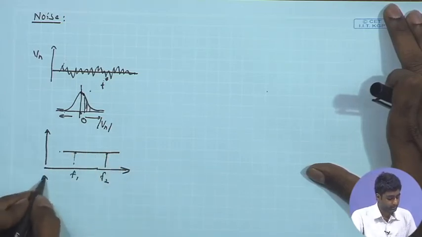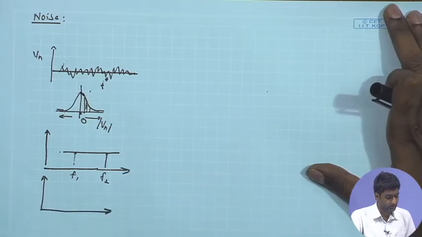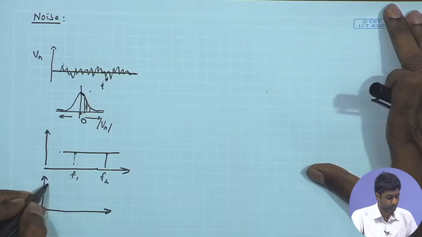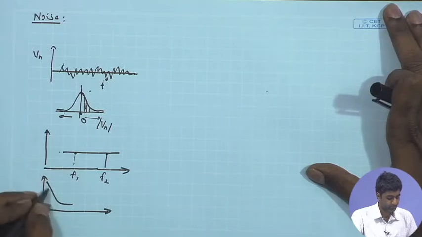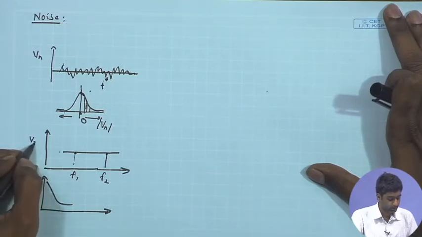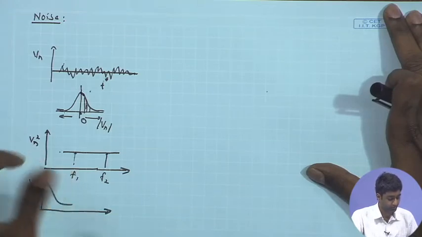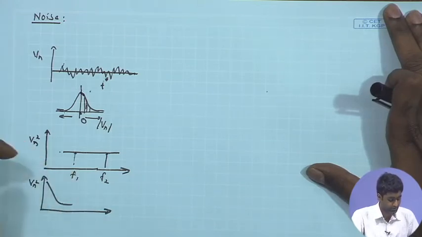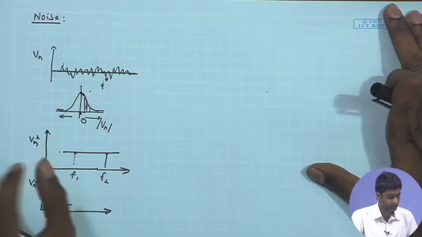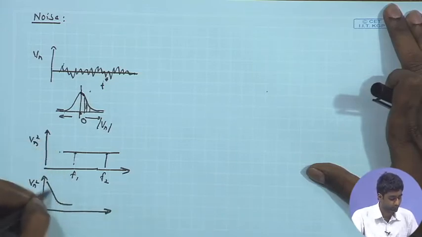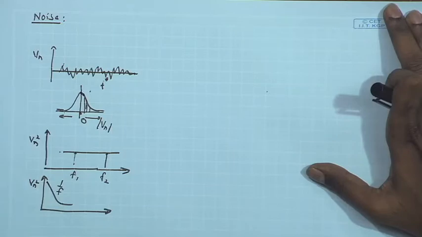The other dominant or bothersome noise component in our circuit, which comes from MOSFETs, is 1 upon f noise, where the noise spectrum increases with decreasing frequency. If I plot the magnitude of energy in a certain frequency packet of the noise, it will go on increasing toward lower frequency, and that is termed 1 upon f noise.